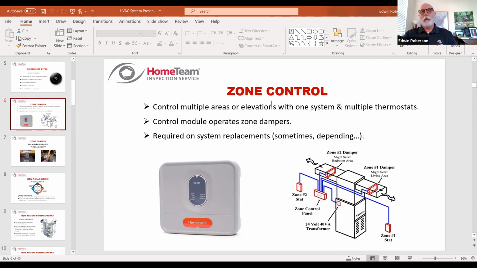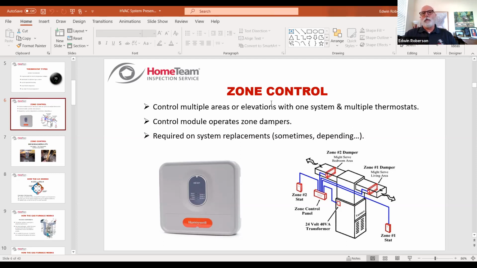I think I remember where we were. I was talking about the last bullet here, required on system replacement. Those older homes that only have one system and one thermostat, there's a code requirement from about 2000, and I'm trying to remember, sometime in the 2000s, where the code requires that when that system is replaced, the HVAC contractor is bound to add a zone control system and a second thermostat.